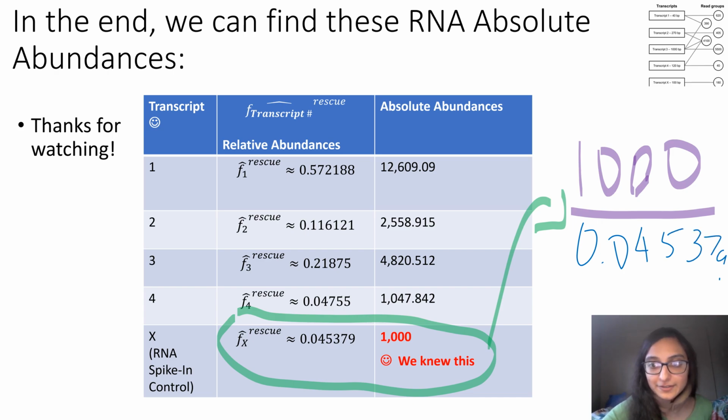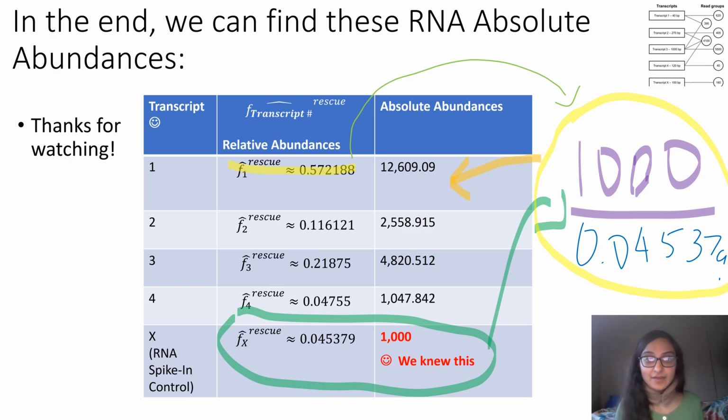So we knew this value, and then all we have to do is multiply our results. For a given transcript, just take its relative abundance, multiply it by the scaling factor, and from that get our absolute abundance. That's all you have to do.